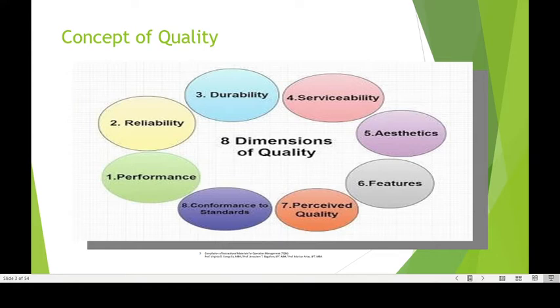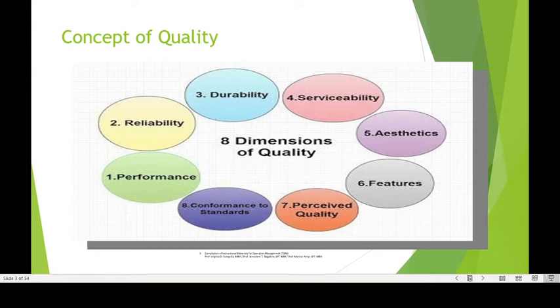Kung ano yung performance niya, specification, kung para saan siya, kung ano yung conformance standard niya, and so on. Kumbaga yung summary or background, kung paano gamitin yung product ay nakalagay sa performance.